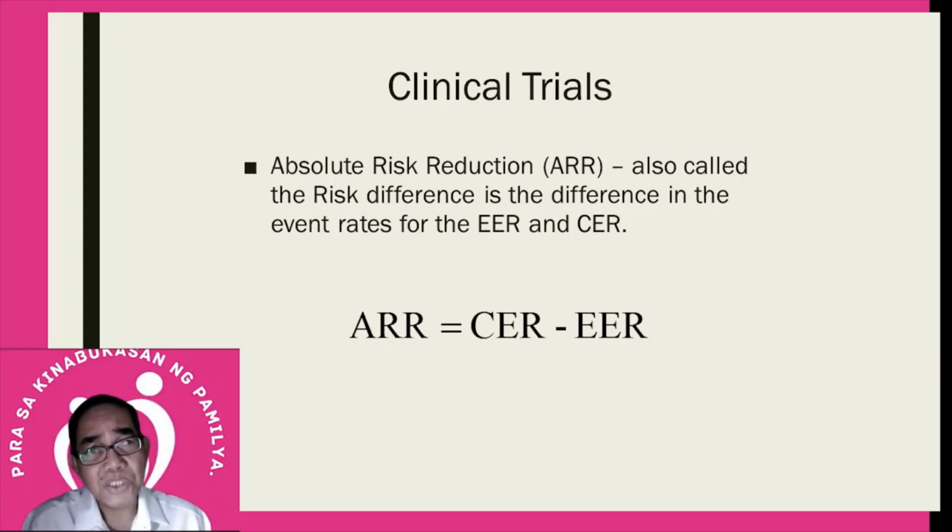We talked about attributable risk last time when we talked about cohort study, and in an attributable risk, the incidence of the disease among the exposed is the minuend, and the incidence of the disease among the unexposed is the subtrahend. Now this is different here. Now the minuend is the control event rate, and the subtrahend is the experimental event rate. We'll tell you the meaning of this.